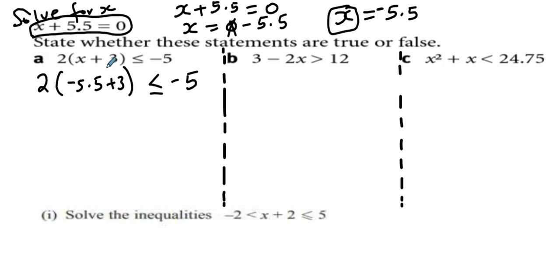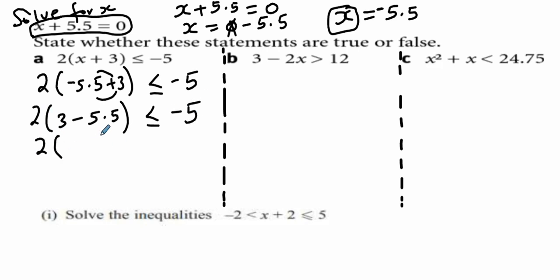First BODMAS: negative 5.5 plus 3 is the same as 3 minus 5.5, which is negative 2.5.